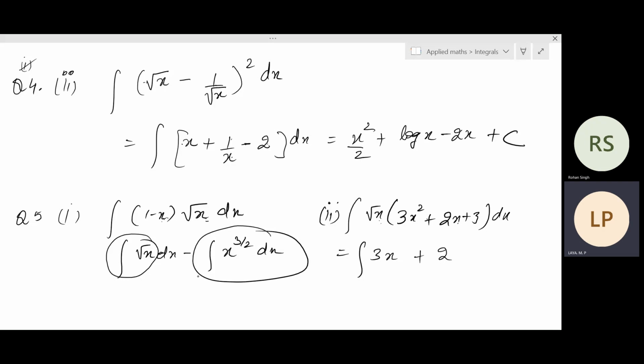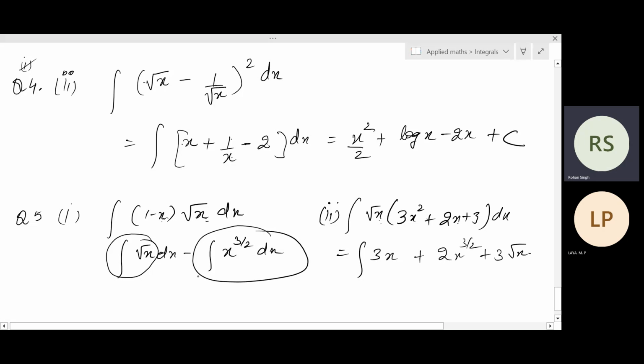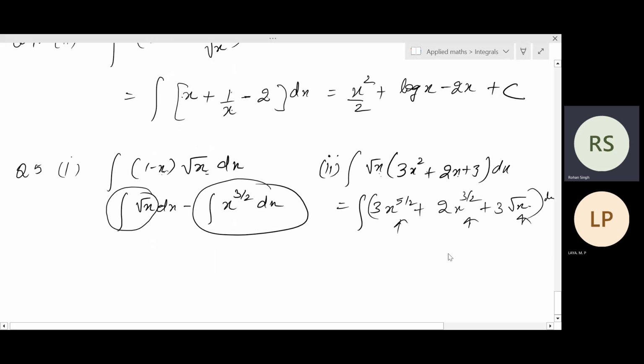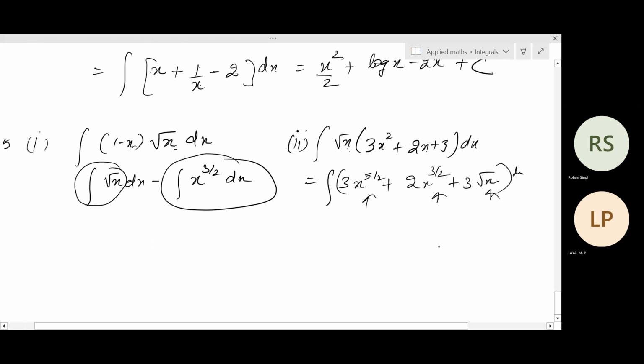That will be 2 plus 1 by 2, which will be 5 by 2, right? Yes, 5 by 2. Then we have dx. Now we can integrate everything. Sorry, not differentiate. Integrate every inside term.